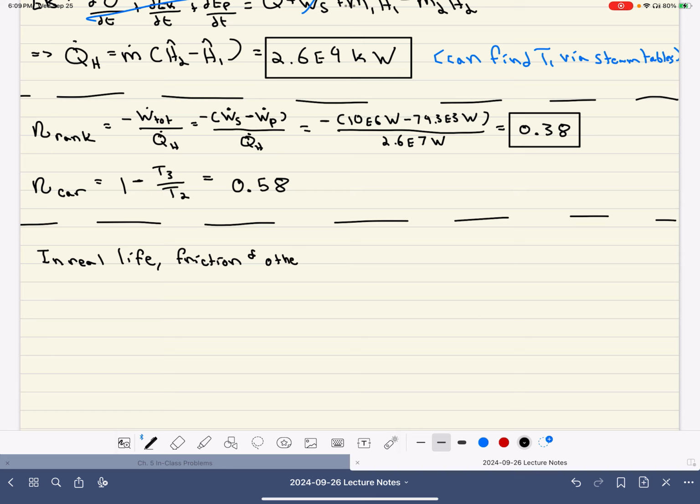So things like friction and other irreversible phenomena, you're going to get an even lower efficiency. So eta Rankine actual is going to be even lower than your eta Rankine if you're dealing with a truly reversible process.